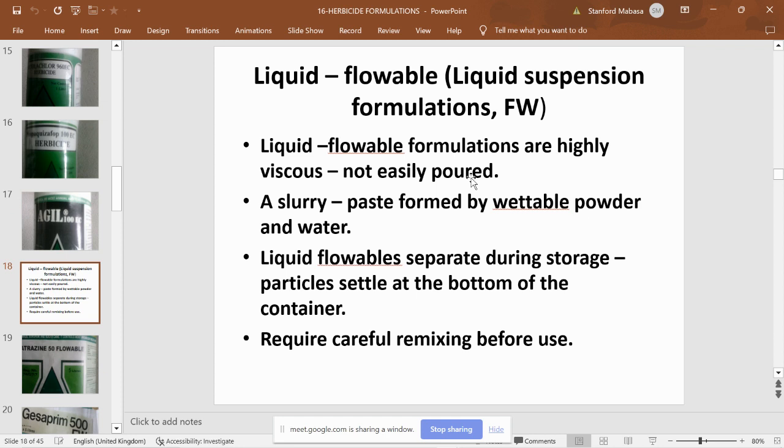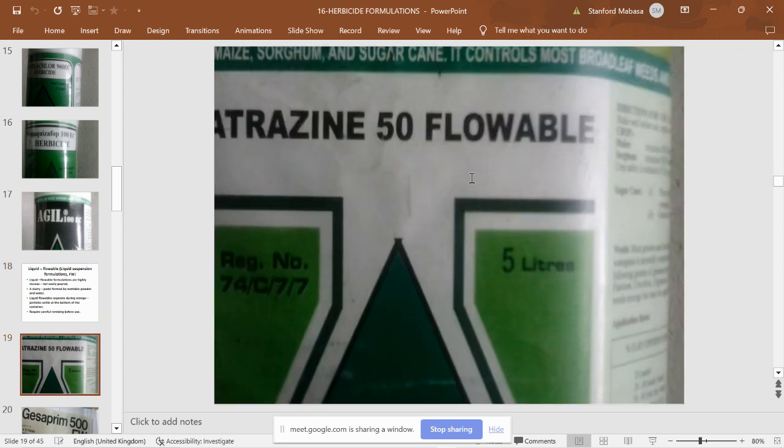Liquid flowables separate during storage, where you have particles which settle at the bottom of the container. These require careful mixing before use. Things like atrazine, they may be difficult to pour out of the container. Atrazine 50 flowable.